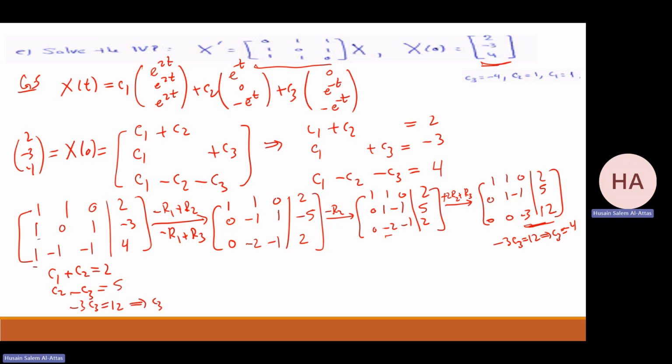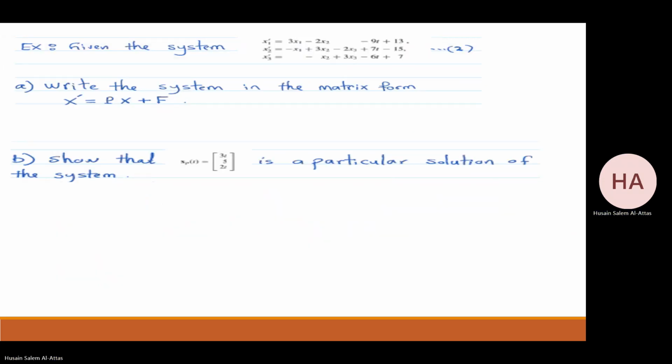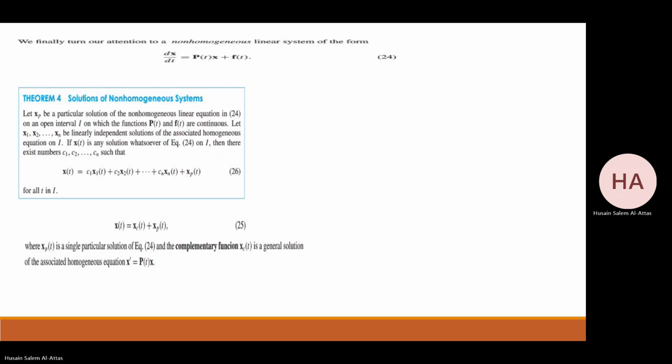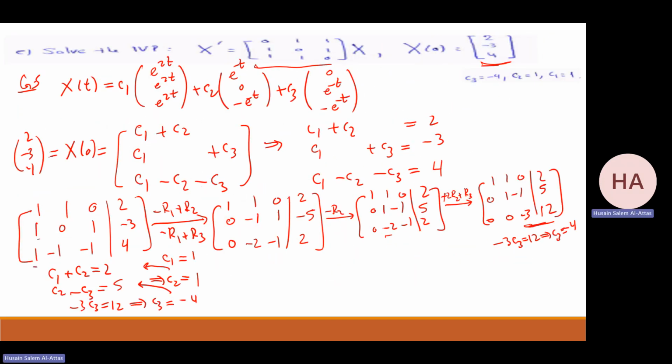That implies C3 equal minus 4. Plug it here. That gives me C2 equal what? That will be 5 minus 4, which is 1. Plug them here. I have C1, 2 minus 1, which is 1. So it will be my solution.